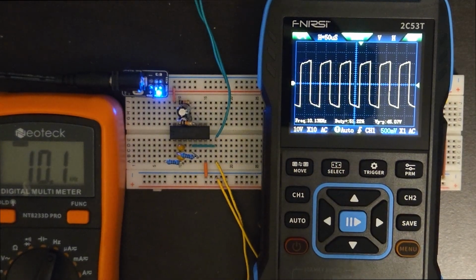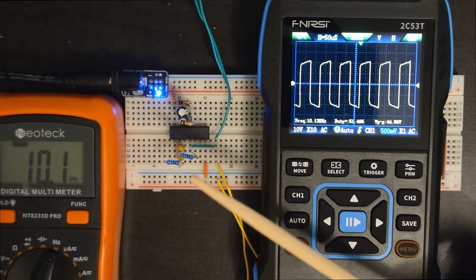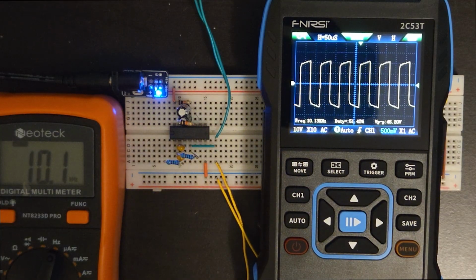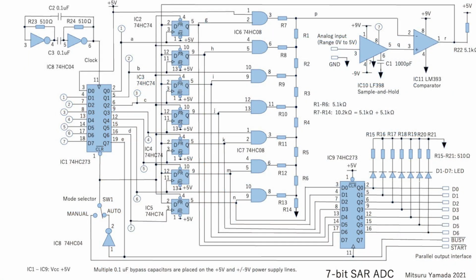So that's very good. This clock, as I mentioned, is a part of a bigger SAR ADC circuit. The SAR ADC uses primarily an R2R ladder, as shown back in Project 2.1, to convert analog to digital voltages.